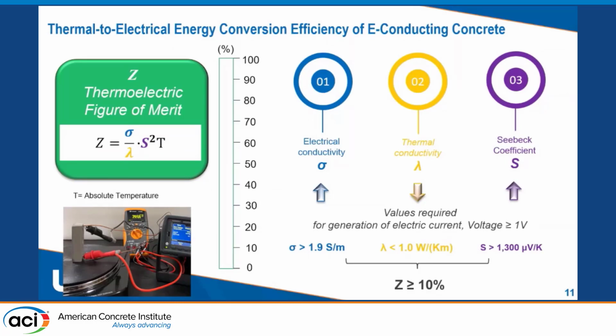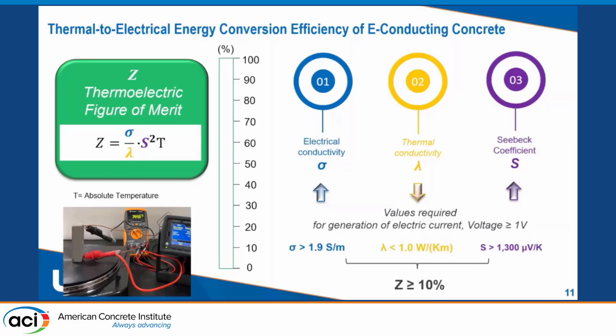I mentioned in the beginning that we also examined the thermoelectric figure of merit, the ability of the material to convert thermal energy to usable electrical energy. And for this, we need to examine the electrical conductivity, thermal conductivity, and the Seebeck coefficient, which is the thermoelectric power generation ability of the material.